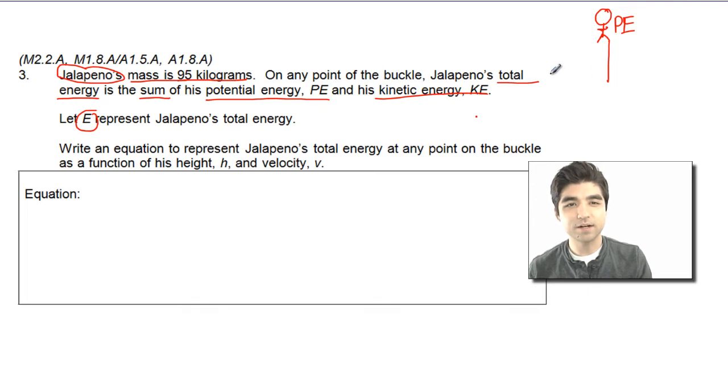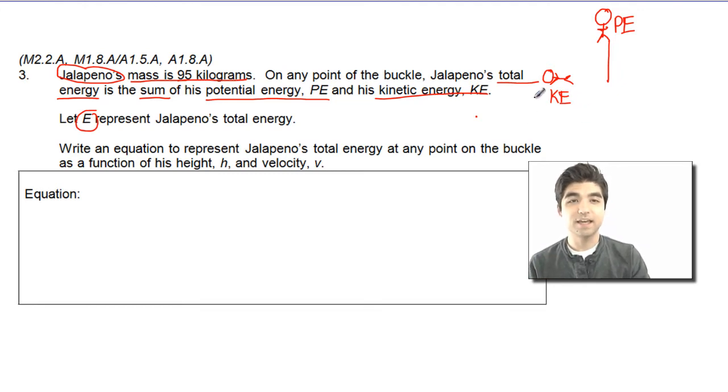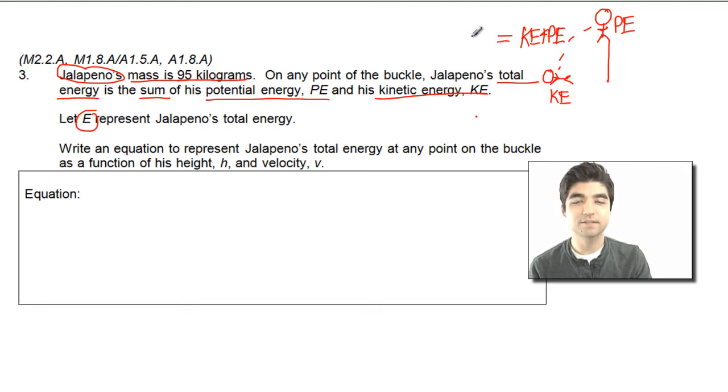If he jumped off, he would have all kinetic energy and no potential energy, okay? And anywhere in between this path, it's a combination of the two. KE plus PE equals total energy E. You know what I'm saying?